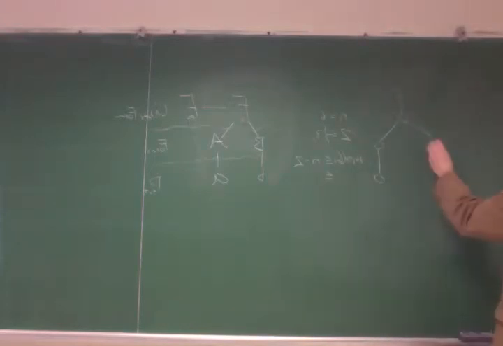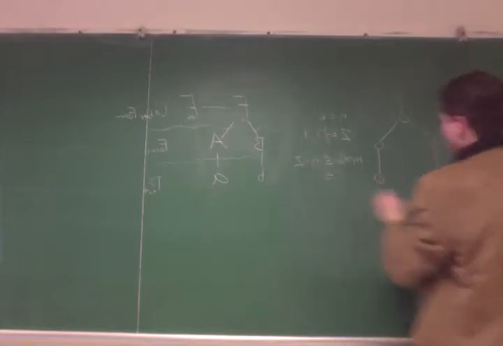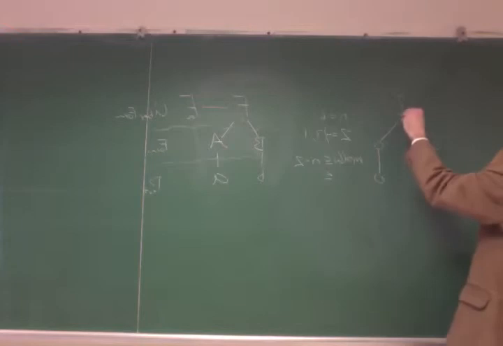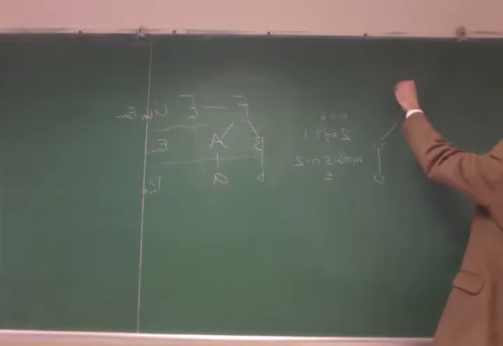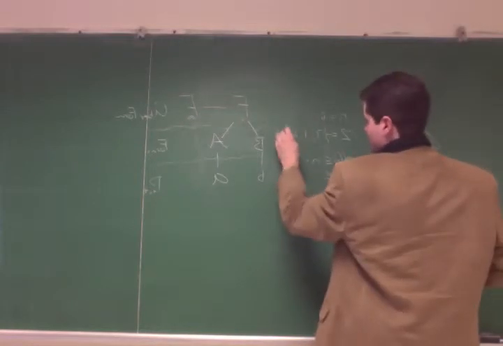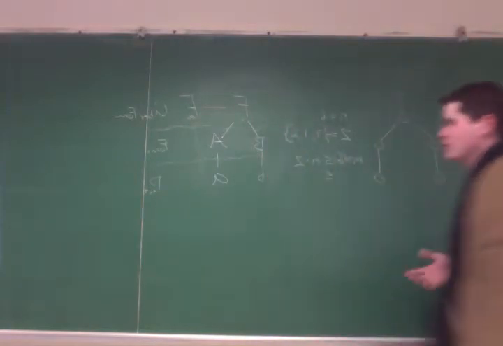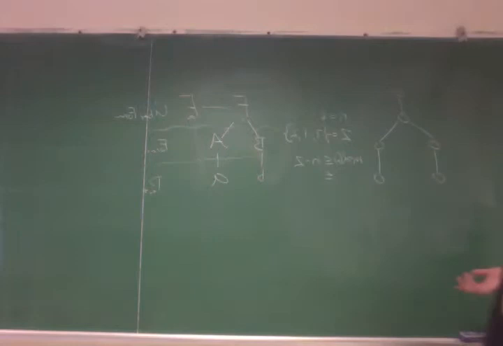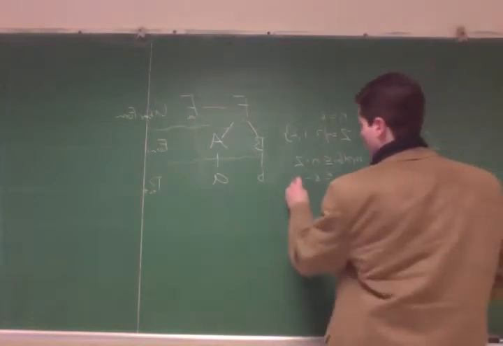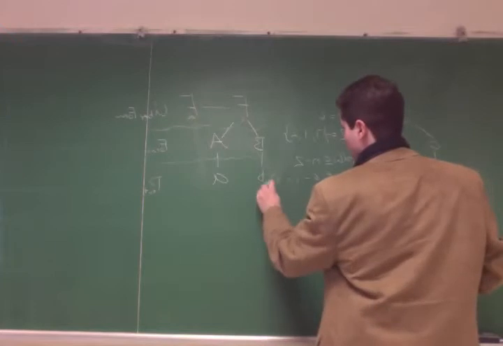I can color this one in, and then it's 1. I can color this one in, and it's 1. Here, 1. Here, I can color this or this, so it's 2. 1, 2, or 3. That's my Z value. Plug it in. I have 6 minus either the 1, 2, or 3.